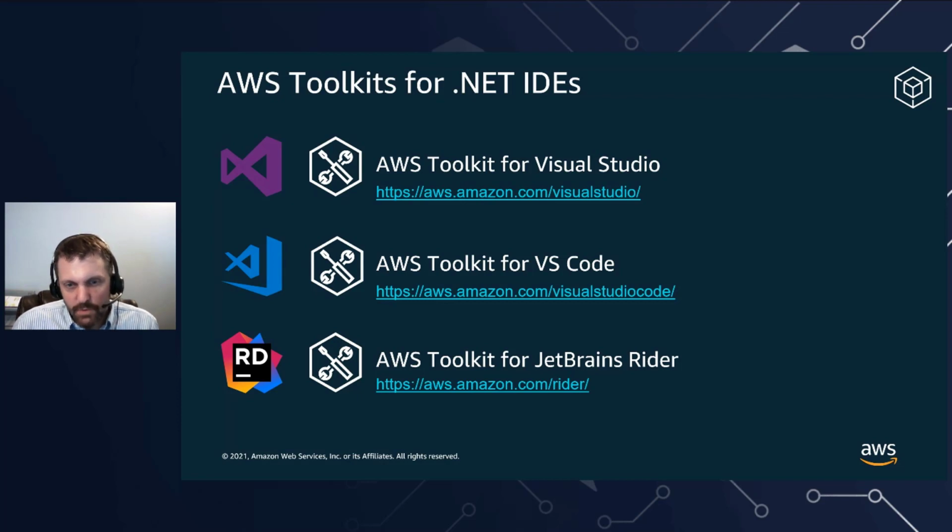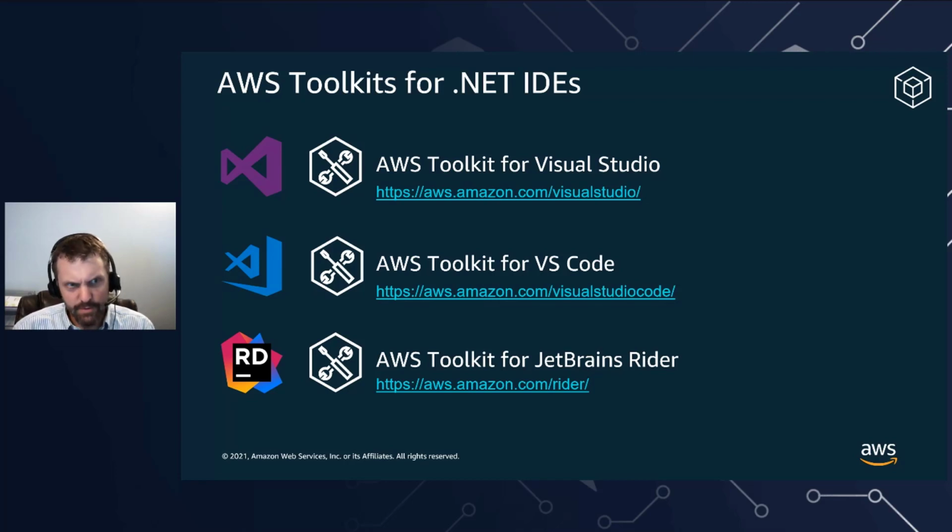And this includes tools that facilitate the development, debug, and deploy of your applications. The toolkit also contains CDK Explorer, which allows you to explore the structure of your infrastructure as code applications in real time.